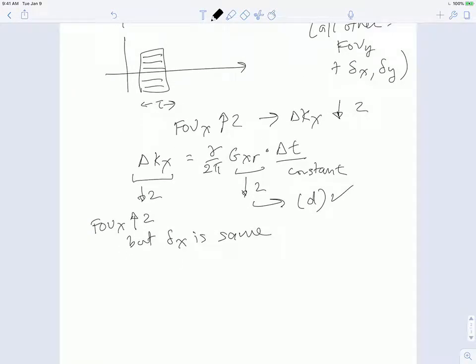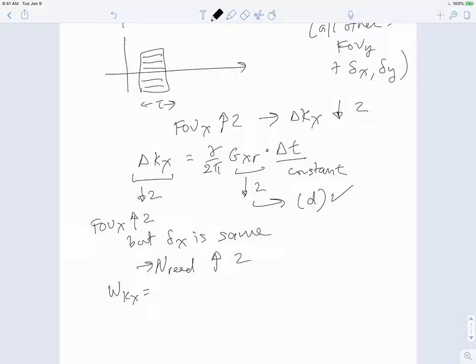What does that say about how many voxels we're going to have in the x direction? Is it going to go up or down? I've increased the FOV by a factor of 2, but my resolution is the same, so I have more voxels. The number of voxels is going to go up by a factor of 2, just in the image domain. You can also look at the k-space domain.